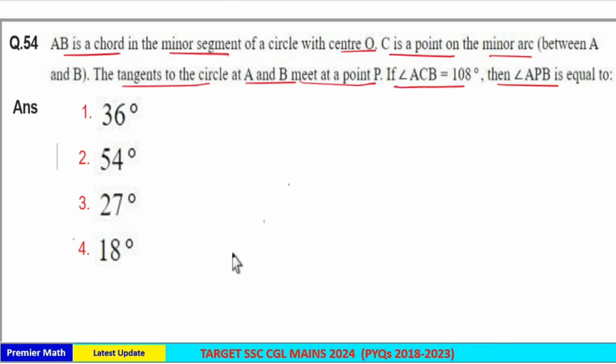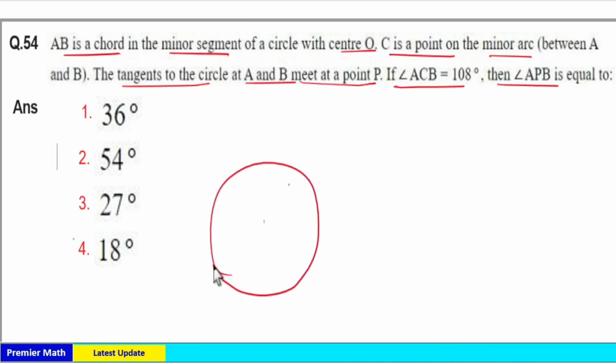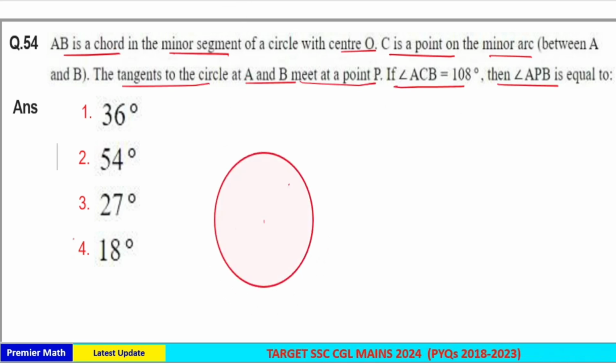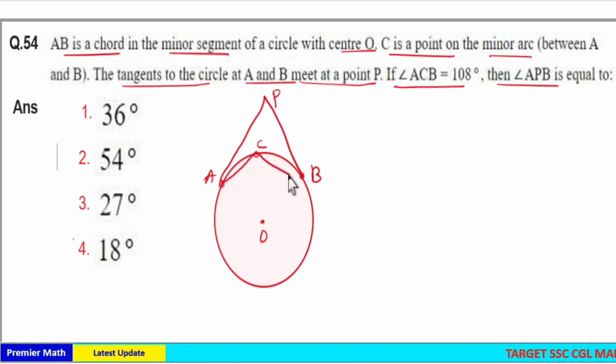Here, this is the circle with center O. Now, this is minor arc AB. And C is a point on the minor arc. And tangents from A and B meet at point P. So AP and PB are tangents. And angle ACB is equal to 108 degree.